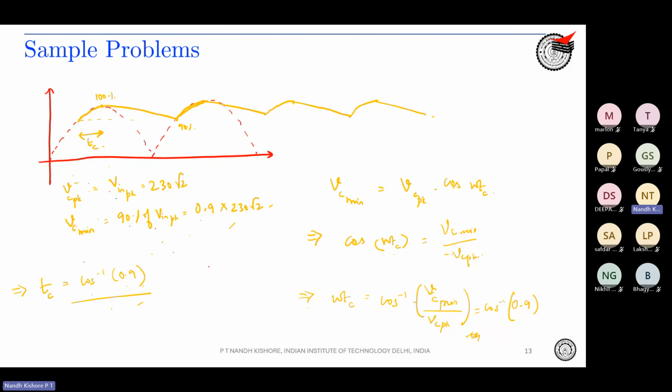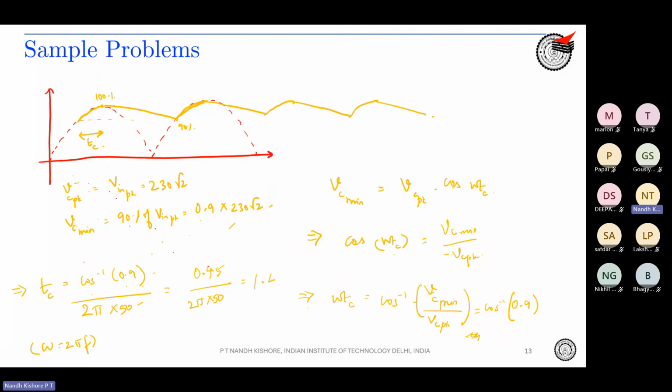What is omega? Omega is 2 pi f, so 2 pi into 50 hertz. Mind you that cos inverse 0.9 should be written in radians. So cos inverse 0.9 is 0.45 divided by 2 pi into 50.